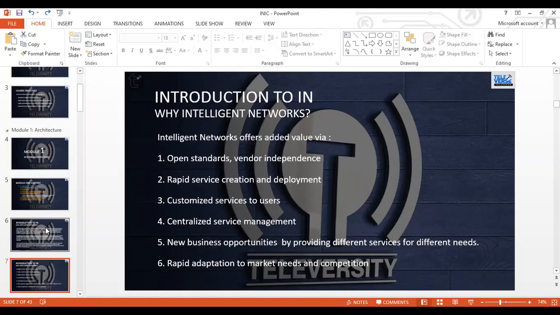The services are hardwired on the switch. So what happens is if MTN wants to deploy any new service, he has to go to Ericsson and then negotiate with Ericsson to deploy the new service that the customer is asking for, because the services have been hardwired on the switch.